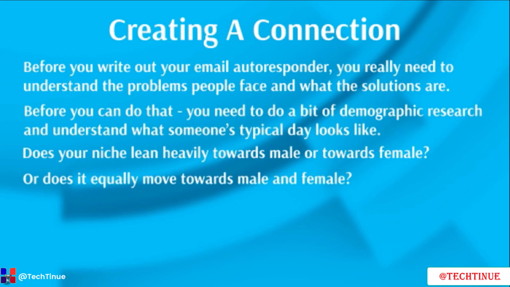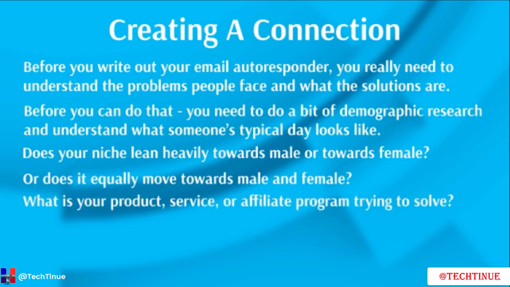But even 75%, you're kind of moving towards that 50% so that it's both male and female. But if it's heavily towards males or heavily towards females, 80% above or 90% or above, then you want to jot that down. The next question is, what is your product or service or affiliate program trying to solve? So let's pick a niche. For example, survival niche.